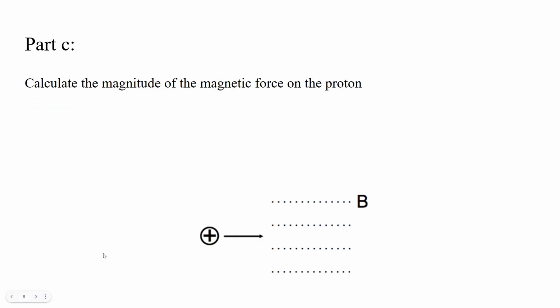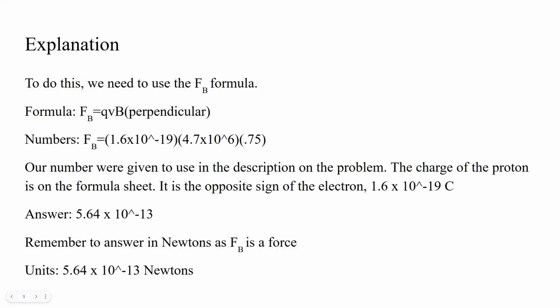Part C, calculate the magnitude of the magnetic force on the proton. This is where we use the F of B formula. F of B equals Q v B perpendicular. We plug in our numbers. Our numbers were given in the description of the problem. The charge of the proton is on the formula sheet. It is the opposite sign of the electron, 1.6 times 10 to the negative 19th coulombs.